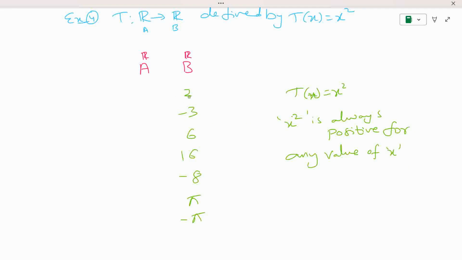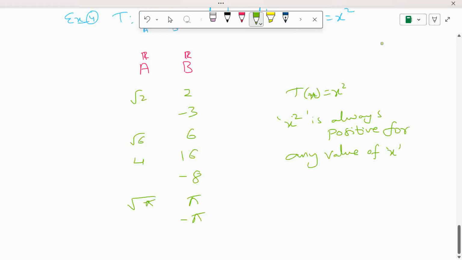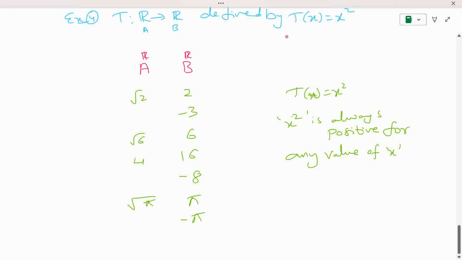So that means set A contains roots, like root 2 for this, and for this root 6. For 16 it is 4, and for pi it is root pi. Now you can map root 2 to 2, root 6 to 6, 4 to 16, root pi to pi.